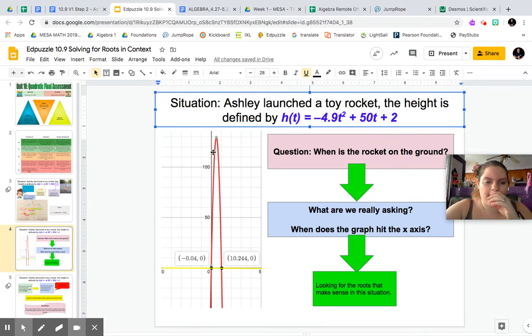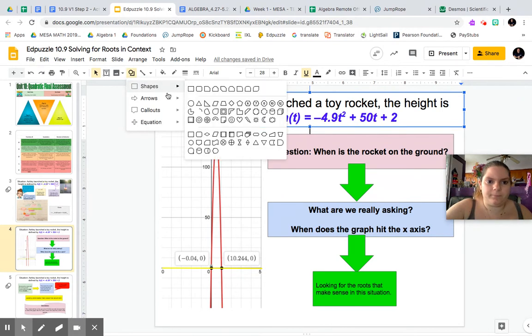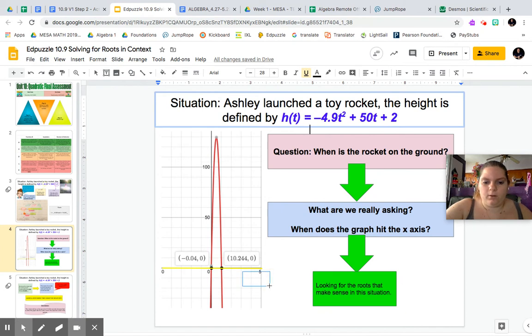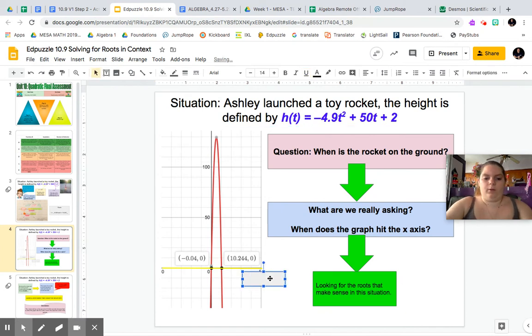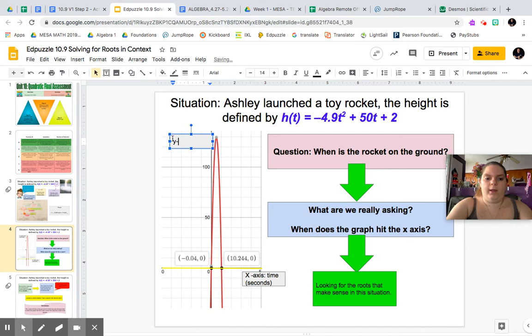So here our x-axis is time. And in this case, time is going to be seconds.